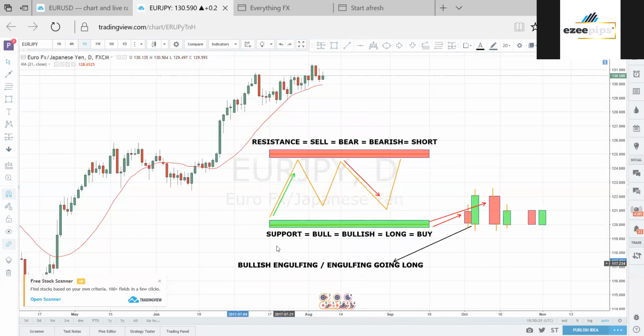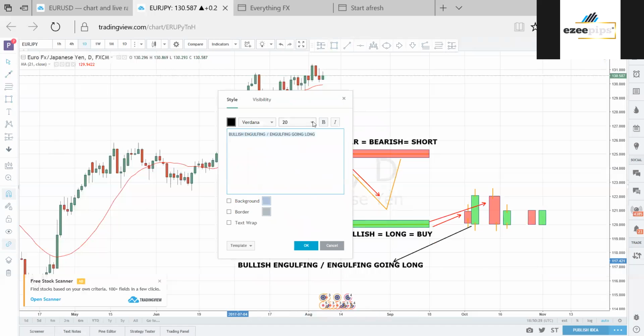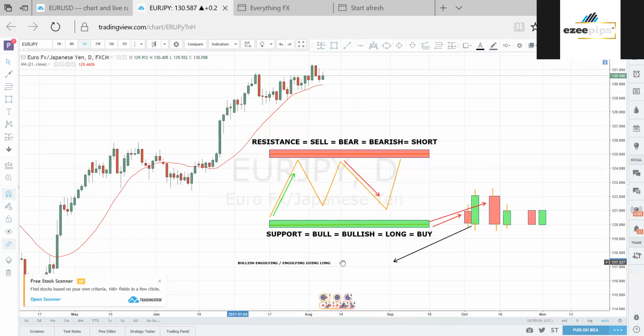That's the name. Let me reduce the size because it's too big, because we're still going to add more. I think 10 is okay. You can see this. Okay. The one here, we're going to call this one here.